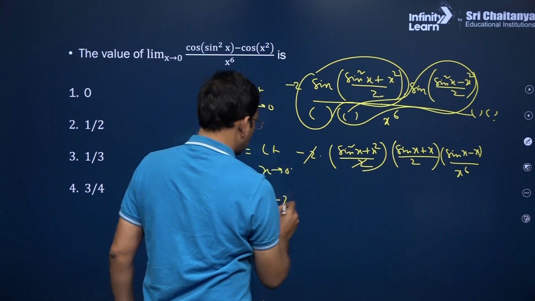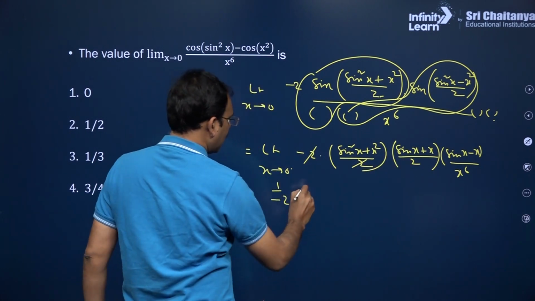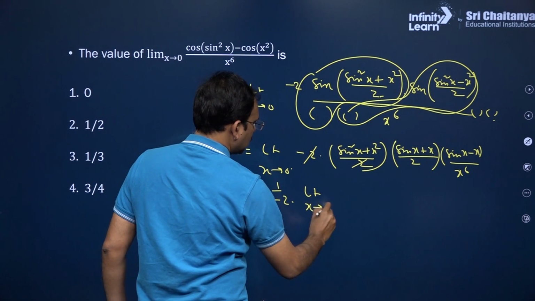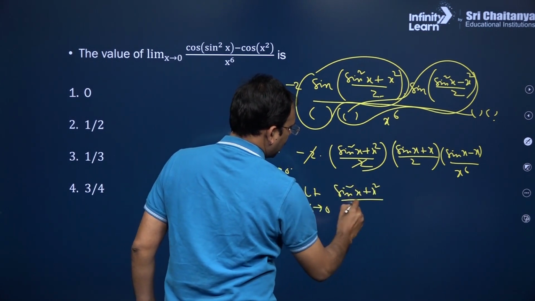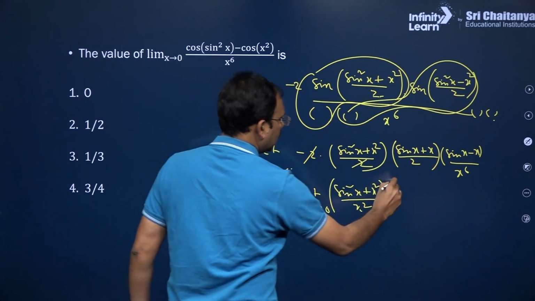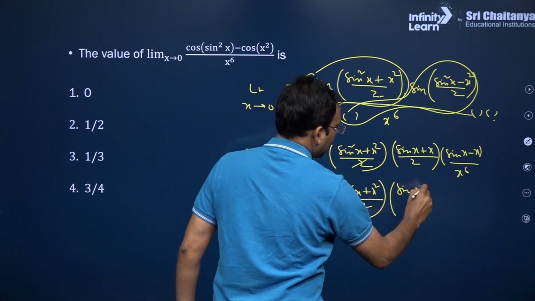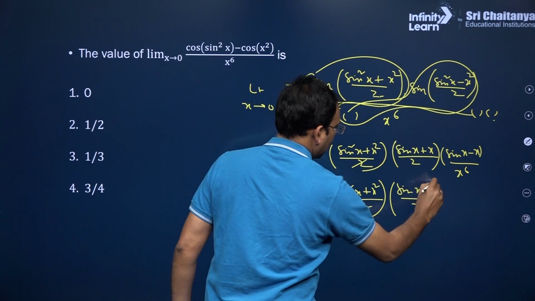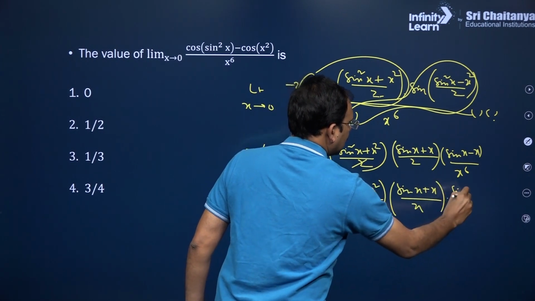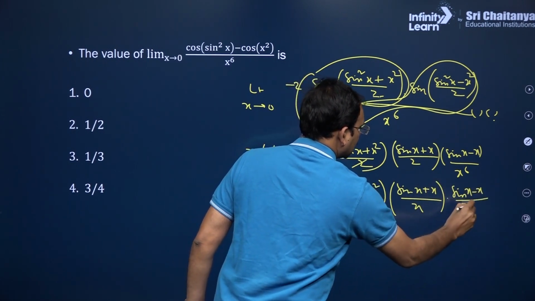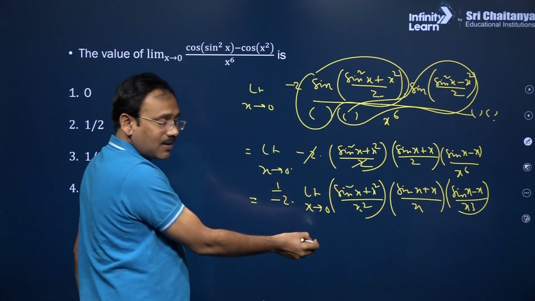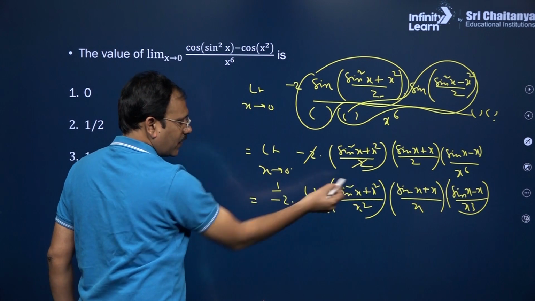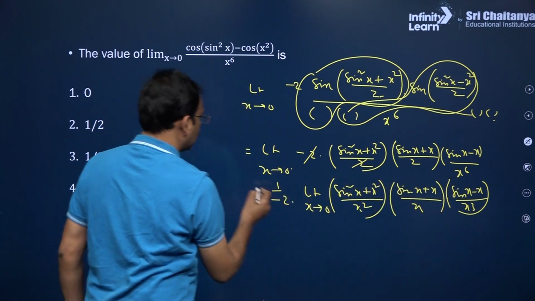In fact, this 2 is here, minus 1 by 2 into limit x tends to 0, sin square x plus x square by x square, you write, into sin x plus x by x, you write, into sin x minus x by x cube, you write. Friends, this is going to be, if you separate as x tends to 0, 1 plus 1, this is 2 and this is also 2.